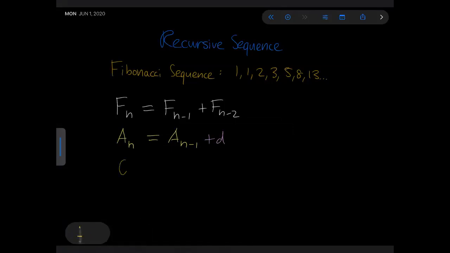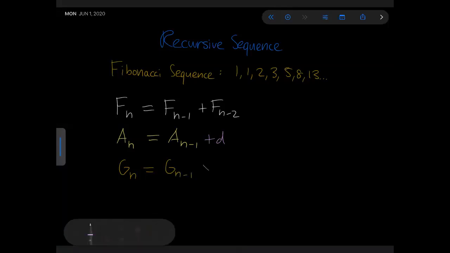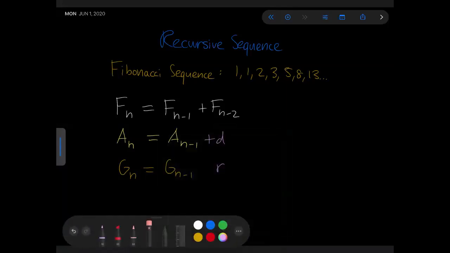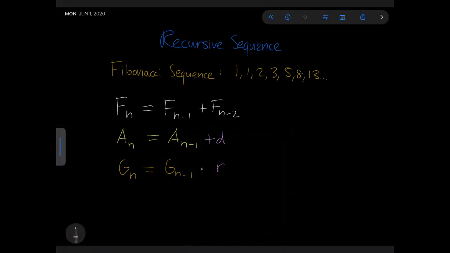For geometric sequences, our nth term is equal to our previous term times r. I don't like that cross product sign, so let's use a dot instead. So arithmetic and geometric sequences both fall under recursive sequences.